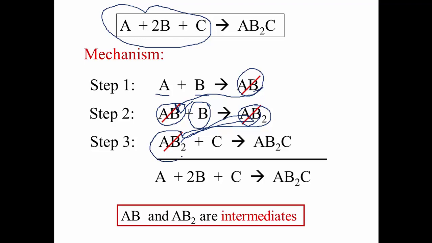Then AB2 and C, these are just simple bimolecular reactions, forms the final AB2C. So when we're looking at a possible mechanism, these steps must add up to the final equation, and all intermediates must cancel out, and they do.